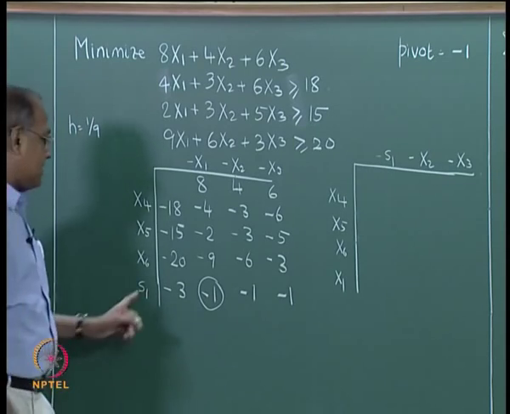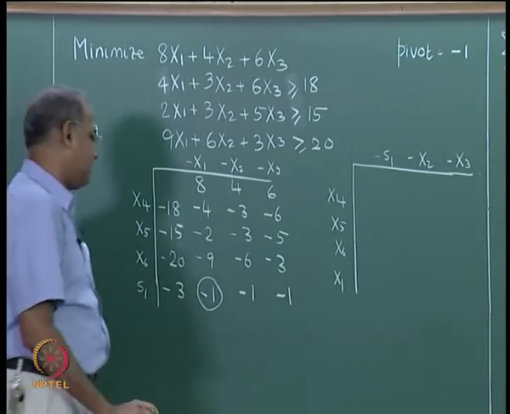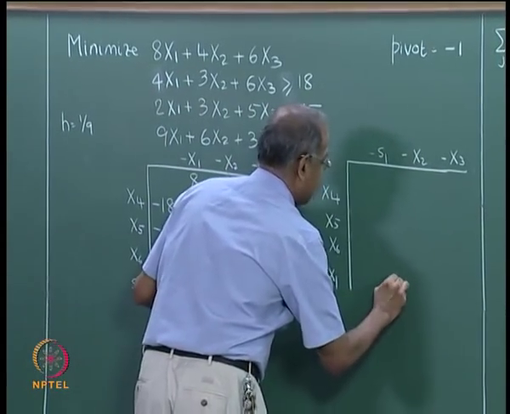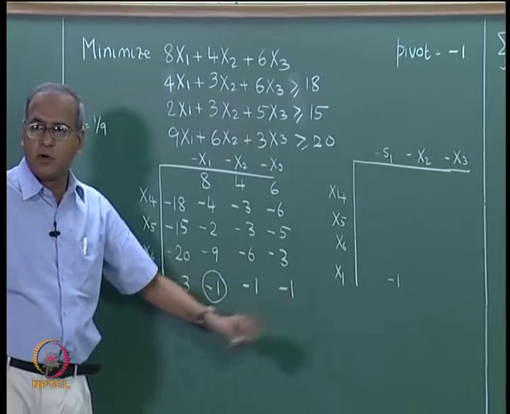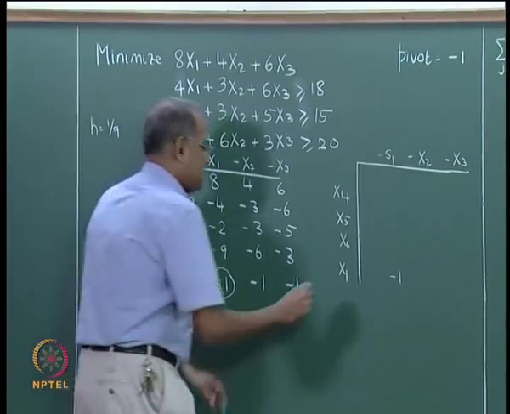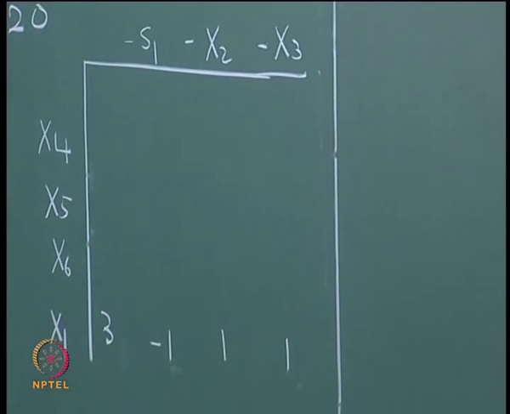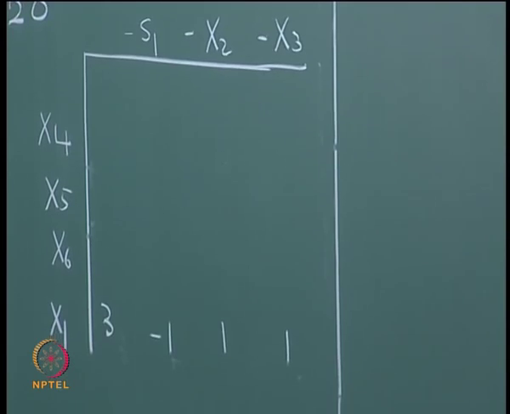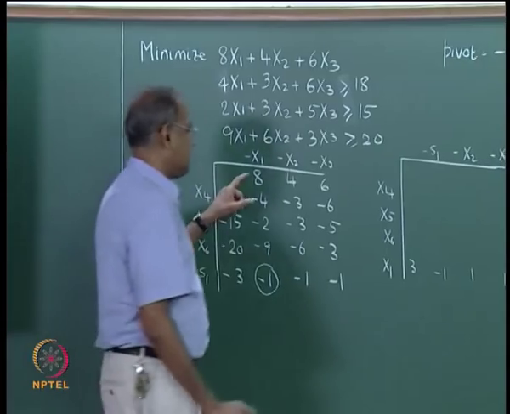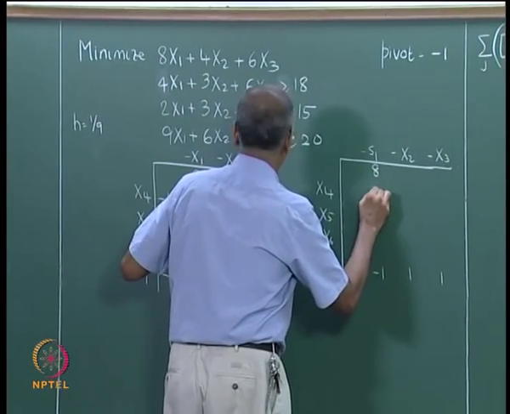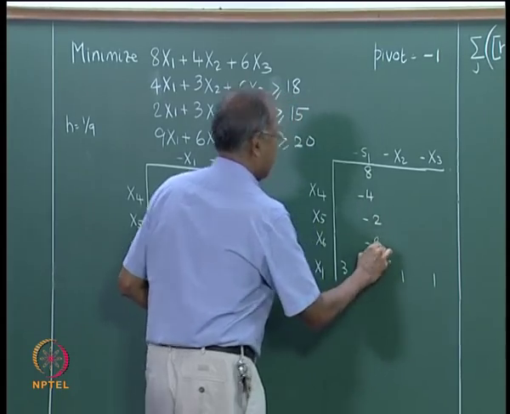What will happen is the pivot element becomes 1 by pivot element, so minus 1 will become minus 1 here. Divide every element of the pivot row by the pivot. So, this becomes 3, this becomes 1, this becomes 1. Divide every element of the pivot column by the negative of the pivot. So, it will be retained as 8, minus 4, minus 2 and minus 9.